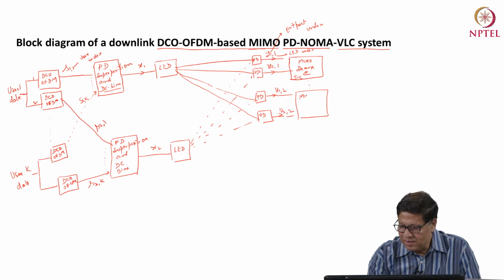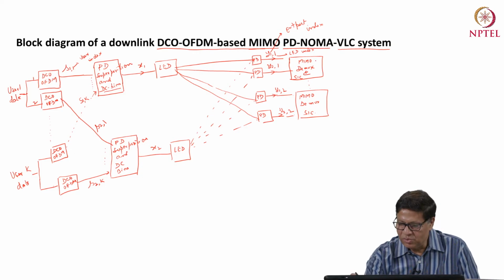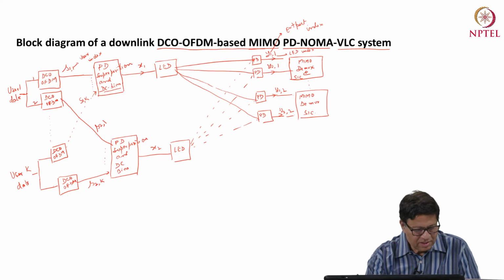Similarly, this is MIMO DMUX and SIC operation. And after doing this demultiplexing of the signal and doing SIC, successive interference cancellation, what we get is DCO-OFDM demod. It's a reverse process.